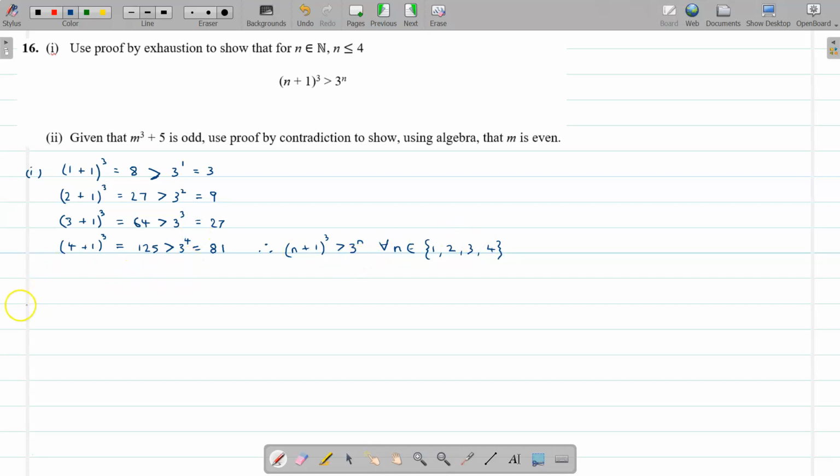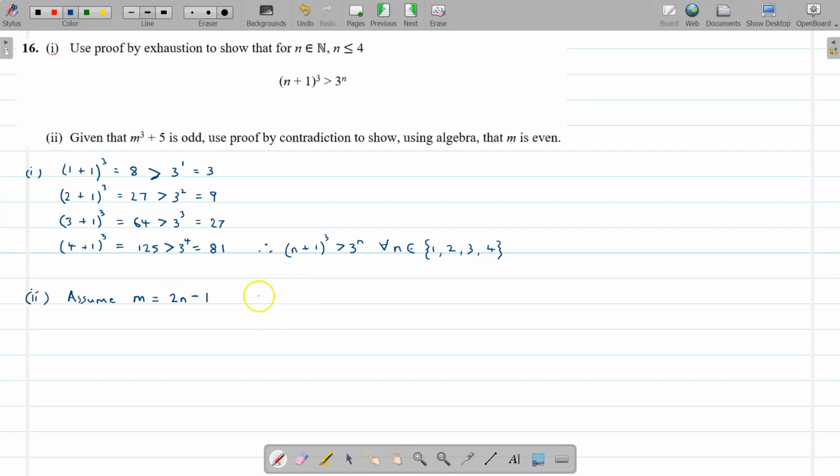Okay, so now we go on to part 2, which is a proof by contradiction. So what we've got to do is prove that given that m cubed plus 5 is odd, use proof by contradiction to show that m is even. So what I'm going to do is I'm going to assume that m is odd and it's equal to some number 2n minus 1.